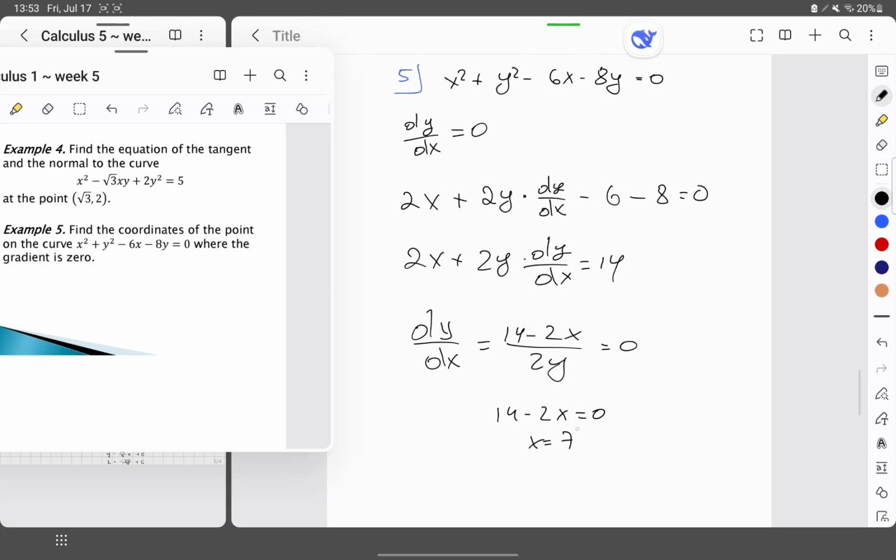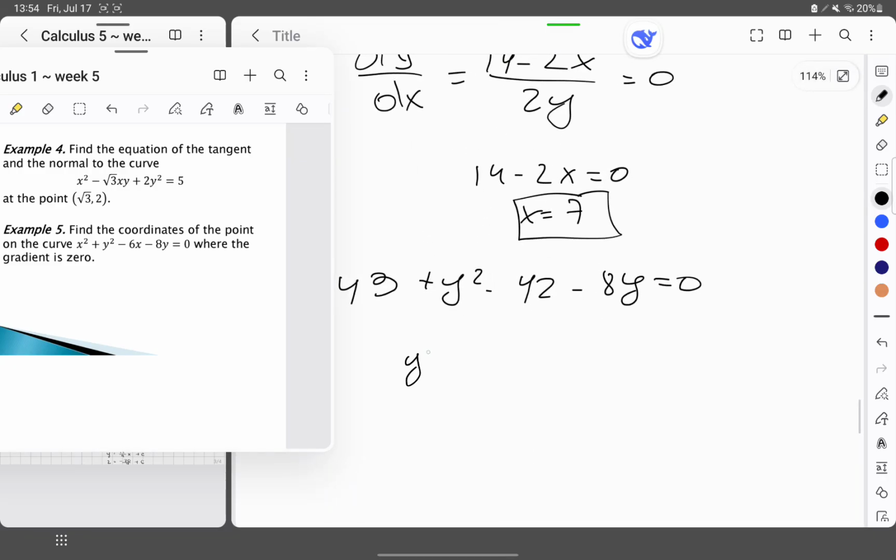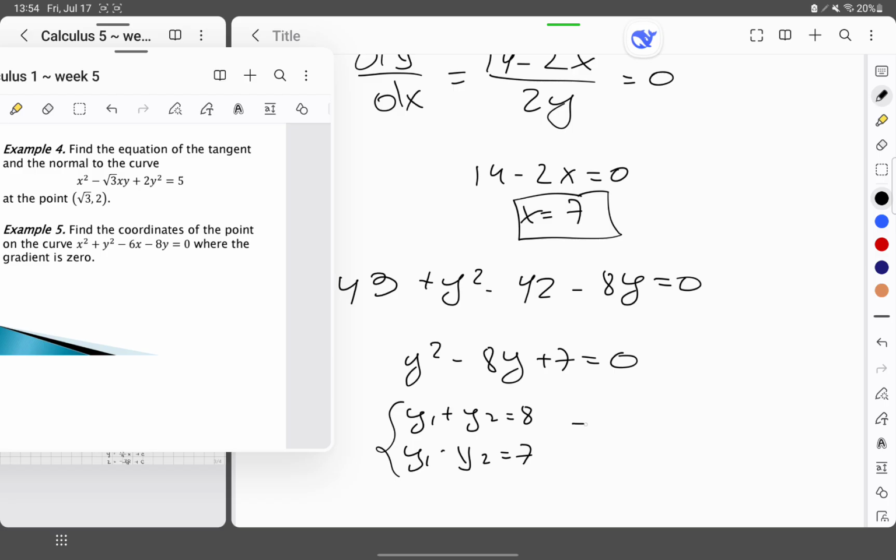If x is 7, then 49 plus y squared minus 8y equals 0. y squared minus 8y plus 7 equals 0. y1 plus y2 is 8, and y1 times y2 is 7, so that will be 1 and 7.